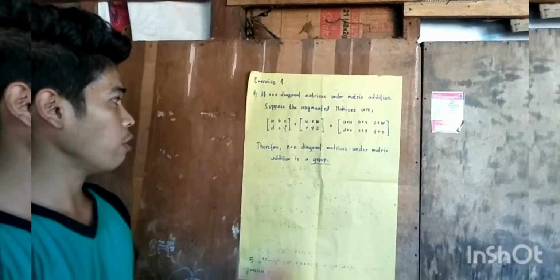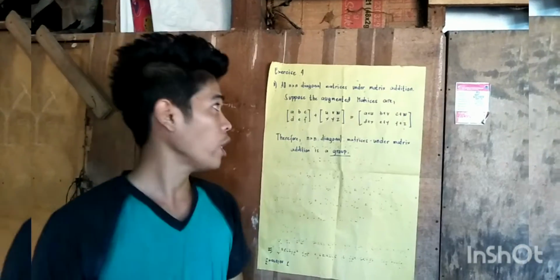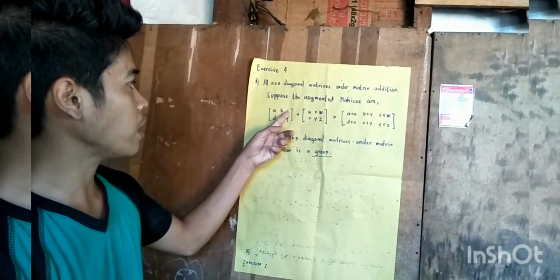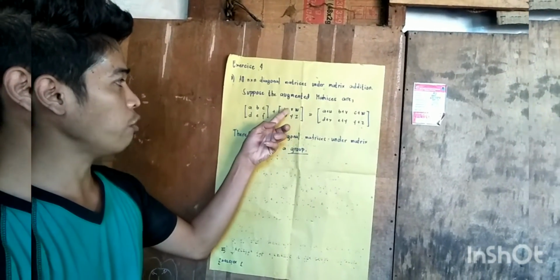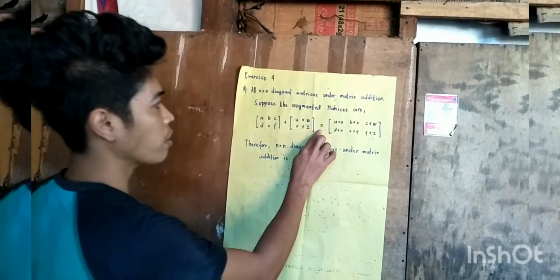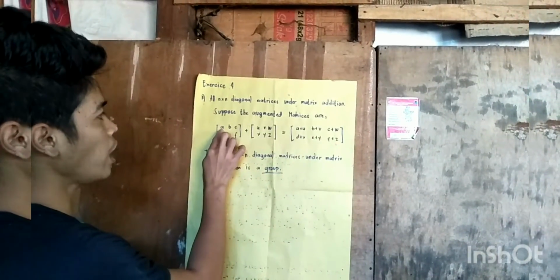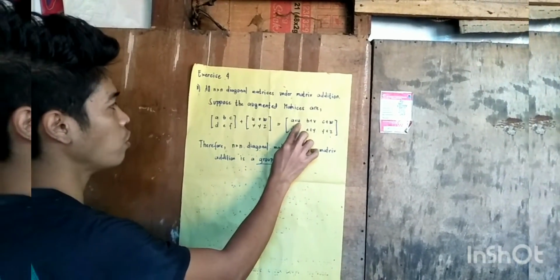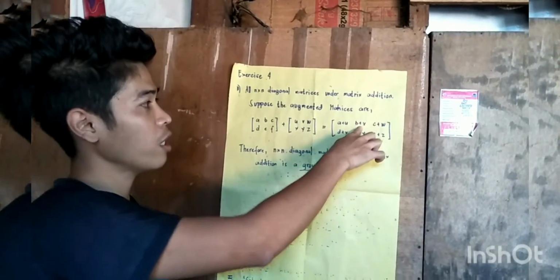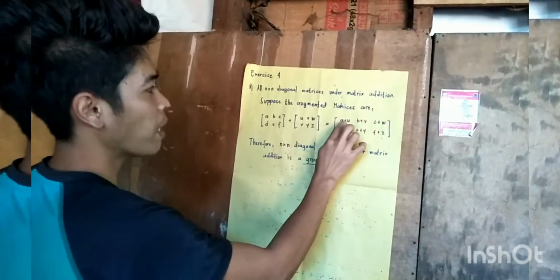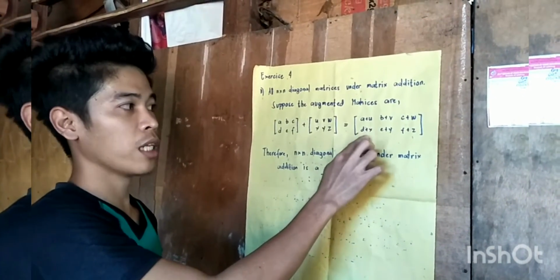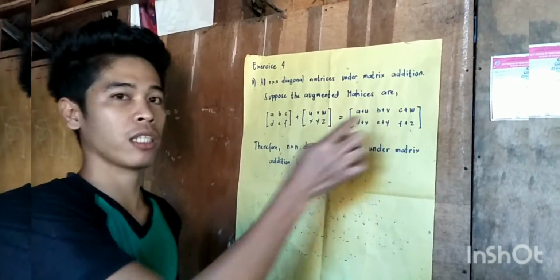To determine if these diagonal matrices form a group, suppose the matrices are the sets A, B, C, D, E, F plus U, V, W and X, Y, Z. So we have A plus U, B plus V, C plus W, D plus X, E plus Y, and F plus Z.